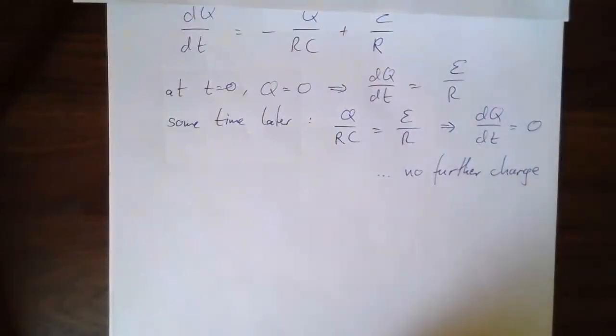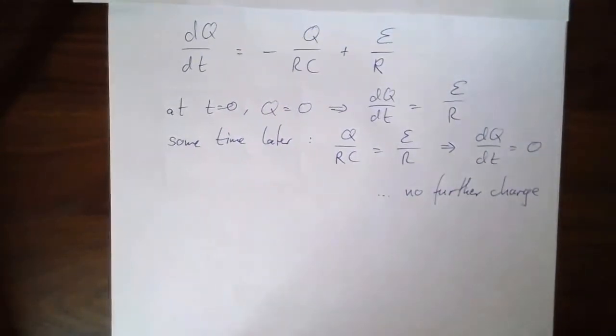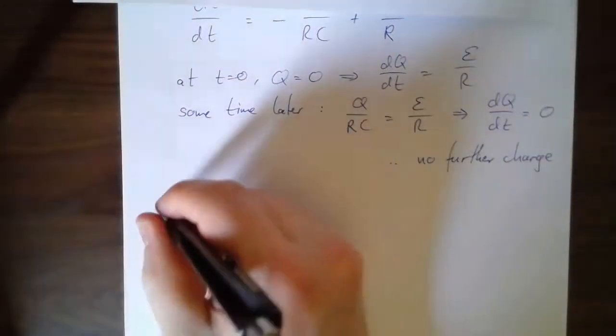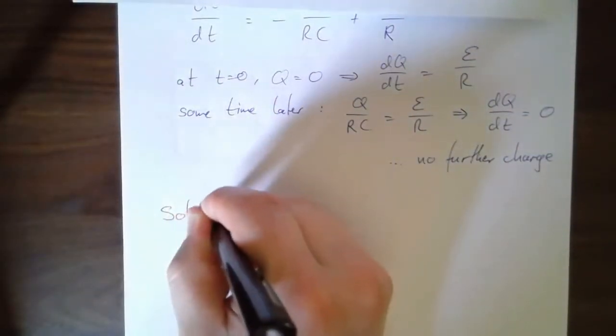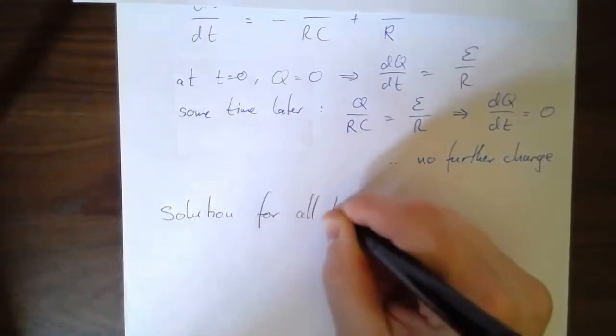But let's actually solve this equation in full. Again, I'm not expecting you to be able to solve differential equations, so I'm just going to state the answer. It's kind of my informed guess. I'm going to state the solution for all times, which we always care about.